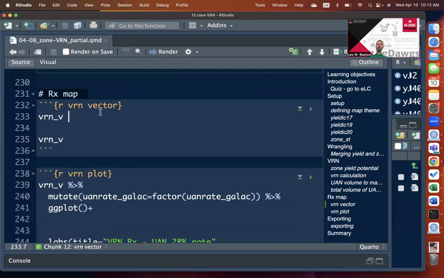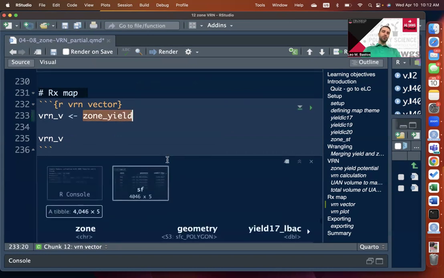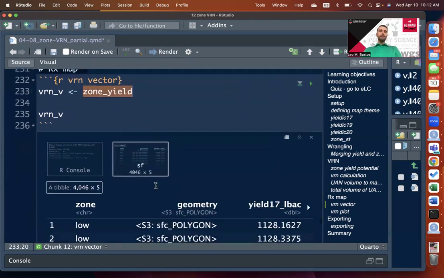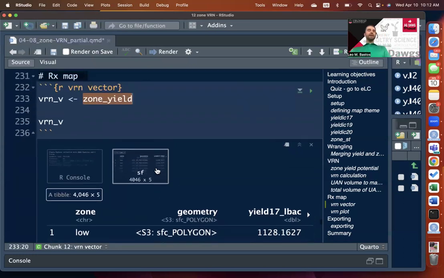So I want to call that VRN_V as the object. I'm going to start off with zone_yield, which is that object I just showed you with 4,046 rows. And now my goal is to have a rate for each one of the zones on this object, which we do not have yet. That information is on the VRN object.